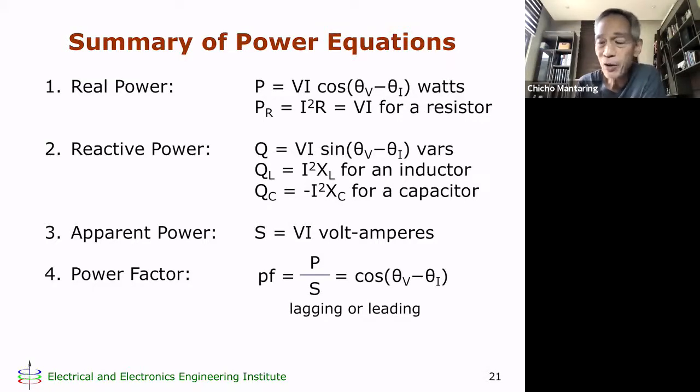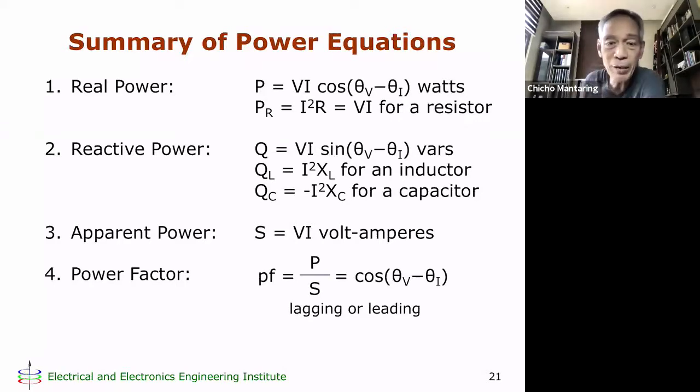So ang sinisingil ng Meralco sa atin is just P, no? Your real power. That's what Meralco charges you for. In other words, your electric meter in your house really only measures real power. Okay. But reactive power is quite important, no?